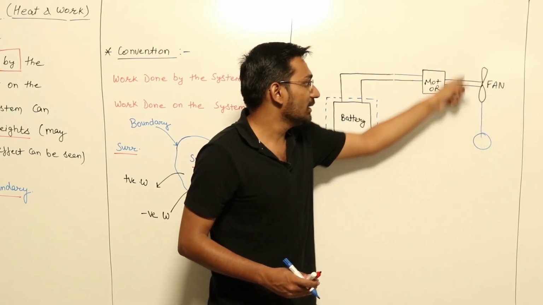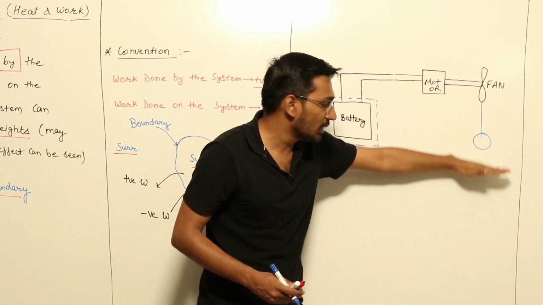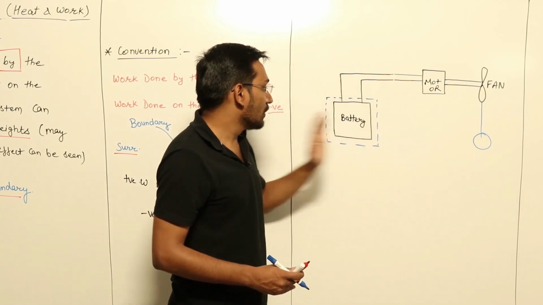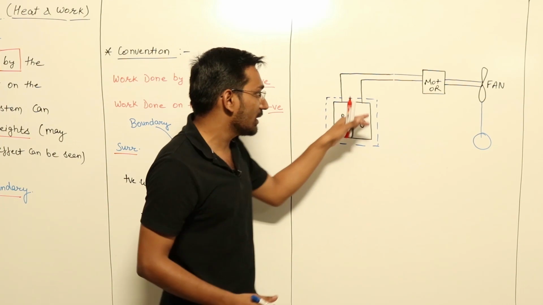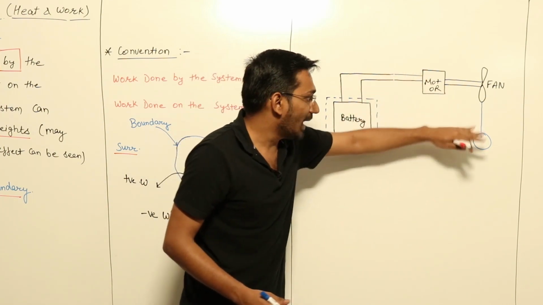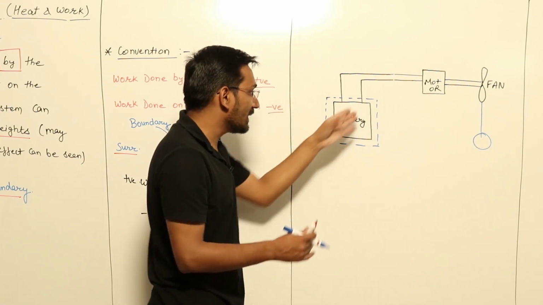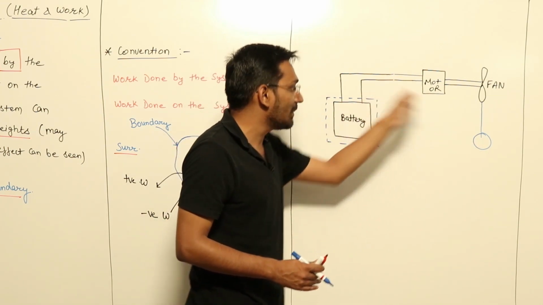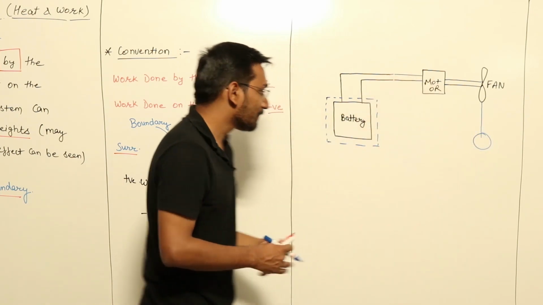And if I rotate this fan in the opposite direction, this weight will start lowering down. So now we can say that this battery is doing some work external to the system, and this weight can be raised or lowered down. So work is transferred between system and surrounding. Work is done by the system on the surrounding.